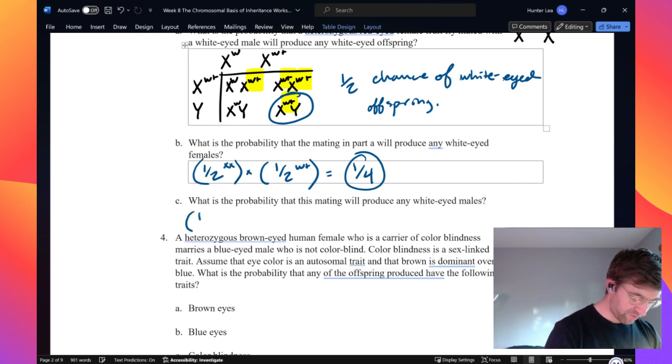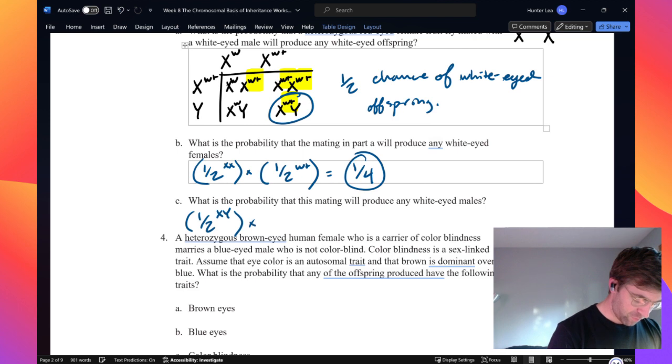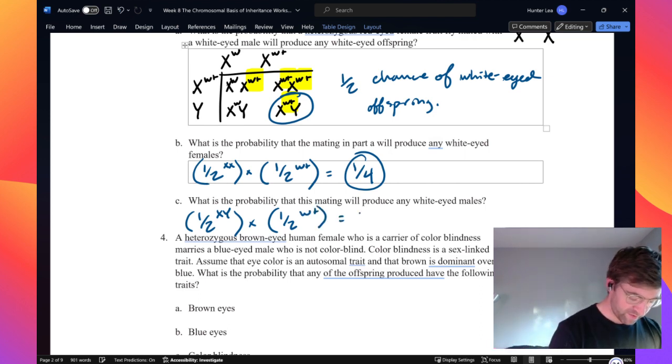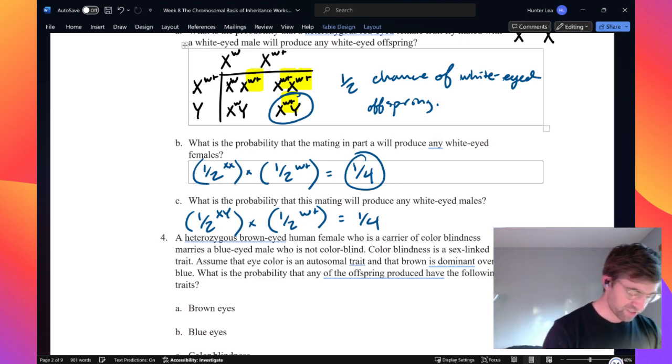The probability of an XY pairing is 50% or 1/2, and the probability of that mutant gene being expressed is 1/2, equals 1 in 4. The difference here is the reasoning. The reason is because you only need one of those mutant genes to show up, and it just has to show up on the X chromosome.